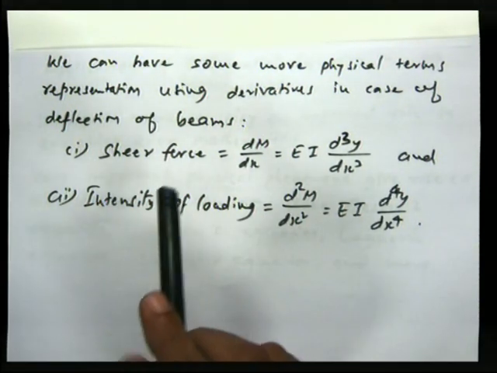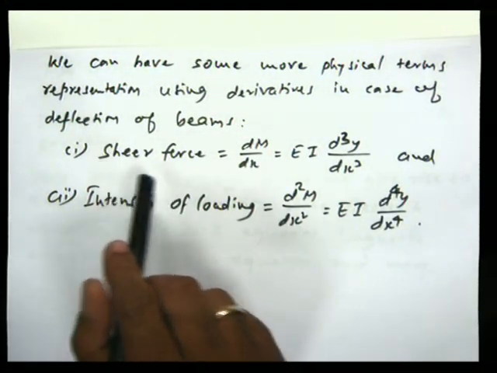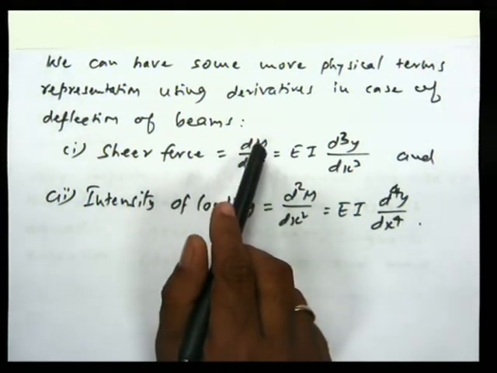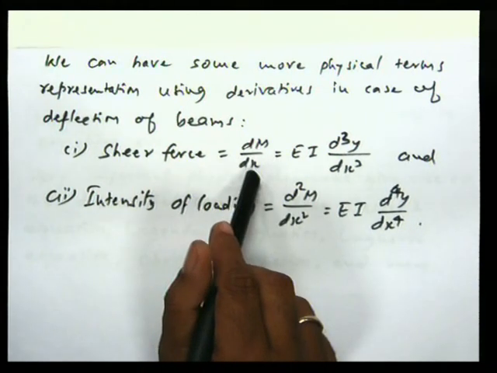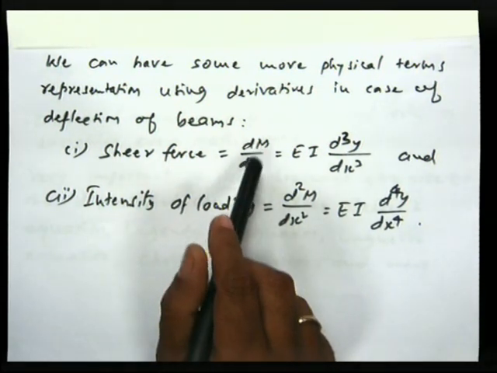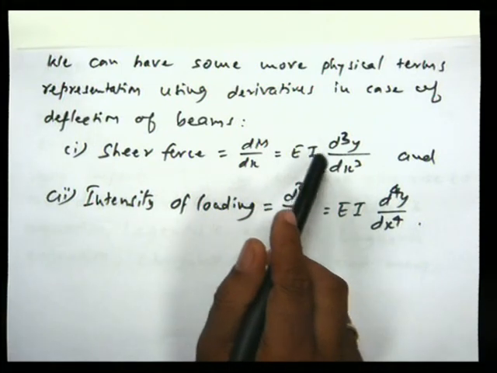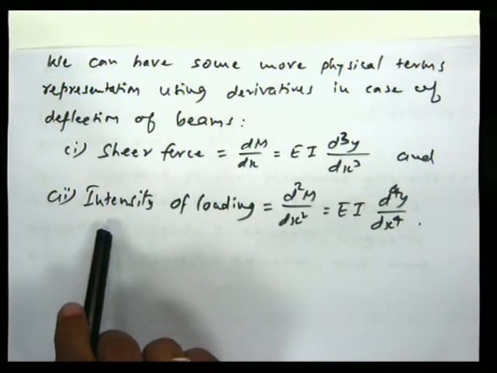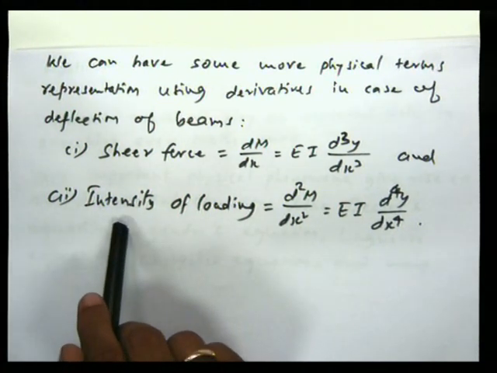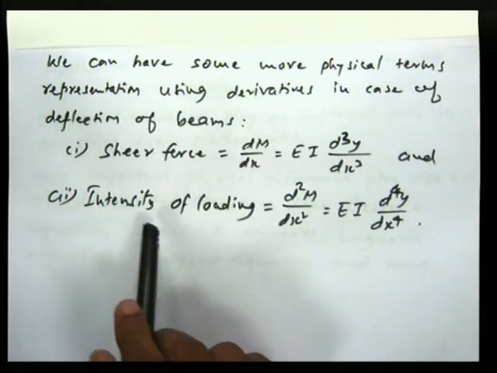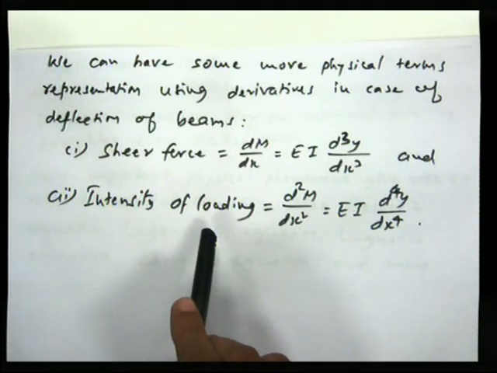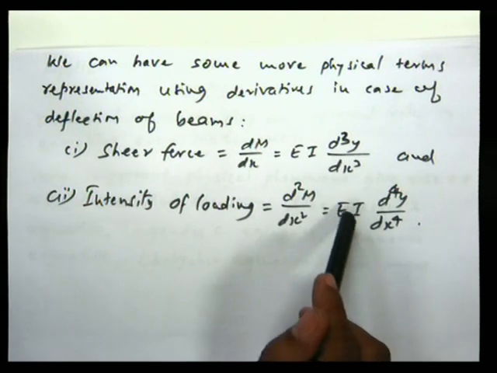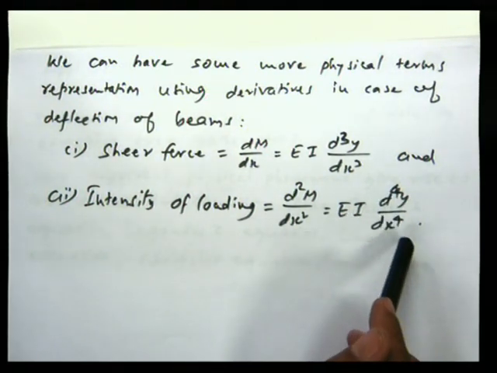beam. For example, we have a quantity called shear force that is defined as the rate of change in M with respect to position x. So it is dM by dx, which we may write as EI d3y by dx3, and we can also have another terminology that we call intensity of loading, that also has a representation in terms of derivative, and that is d2M by dx2, or we can write it as EI times d4y by dx4.